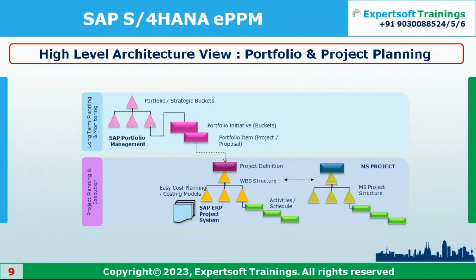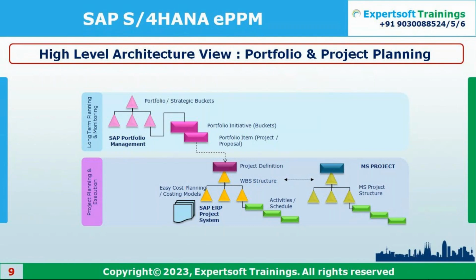Further, that bucket level can be transferred to initiatives or items. Initiatives are nothing but ideas you have in your strategies, where you want to develop new strategies for ongoing or upcoming projects, or maybe R&D activities, or maybe you want to introduce a new product into the market.